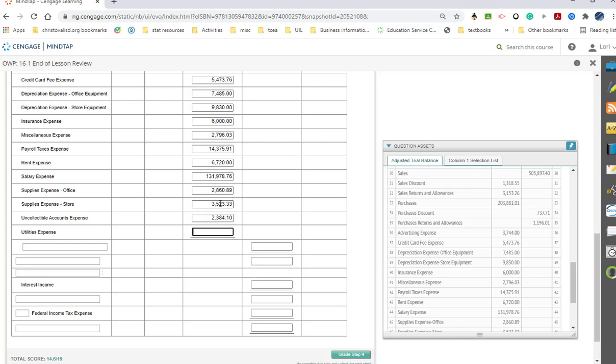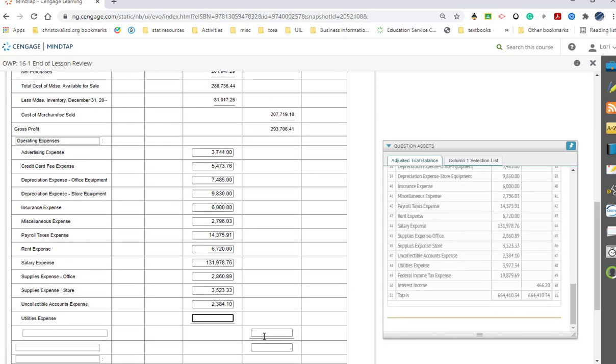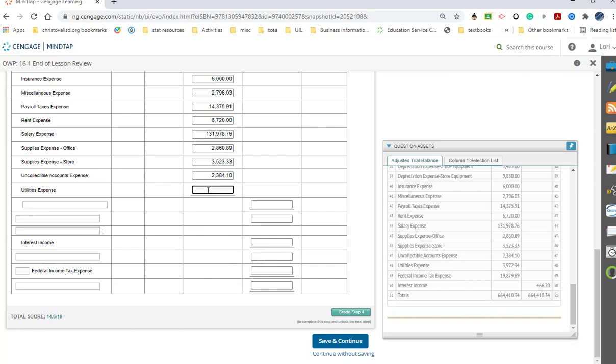And our utilities expense was $3,972.34. So we're going to total that up. So this is our total operating expenses, and that's $201,144.12.